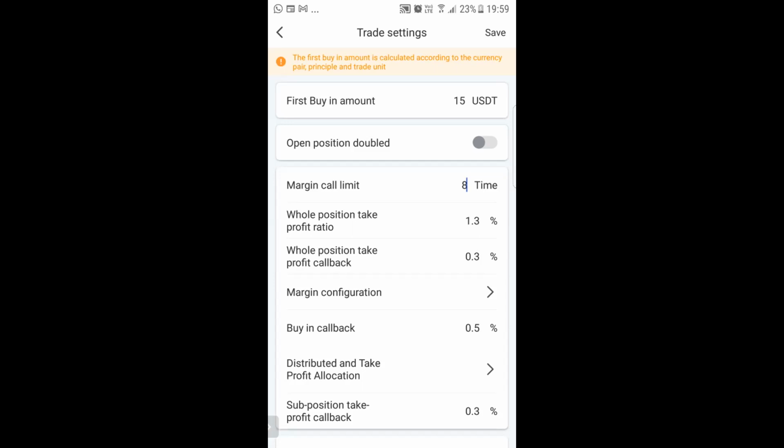Now, whole position take profit. Whole position take profit simply shows you that when the asset that you have bought, if it's $15 of whatever amount, goes up by 1.3%, the robot is going to be activated to get ready to take profit, but it won't take profit immediately.